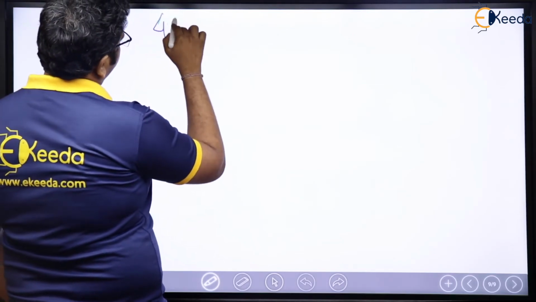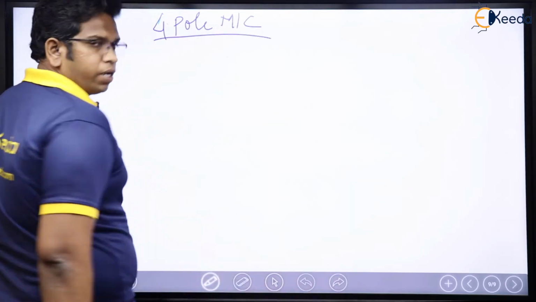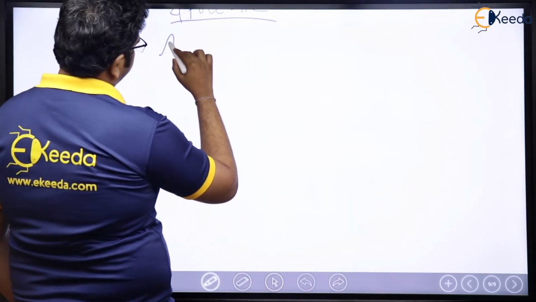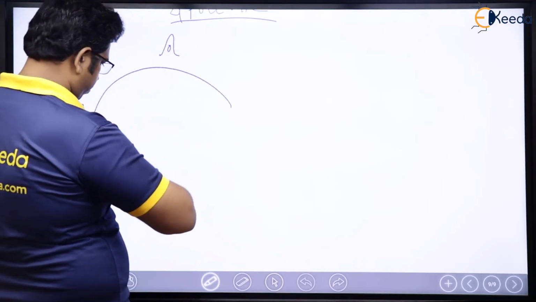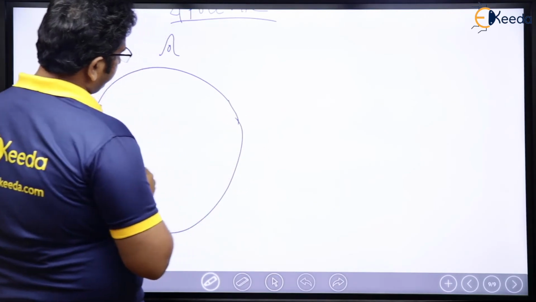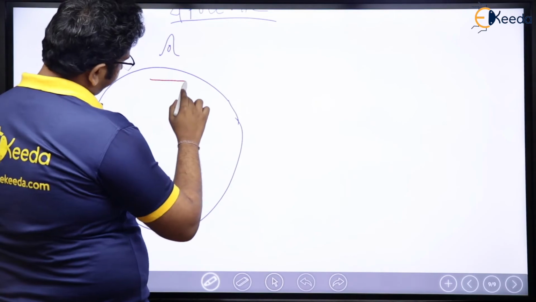Let me consider a 4-pole machine. Now see here. Let me have the stator. Now, let me have 4 poles.